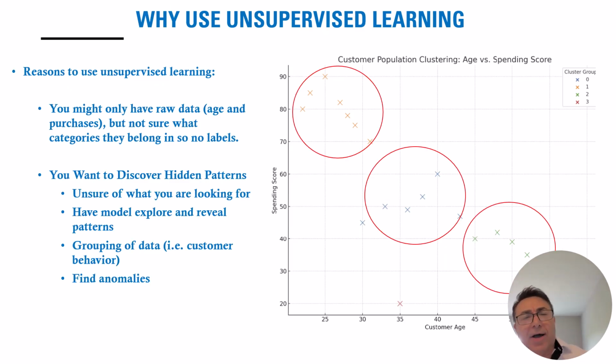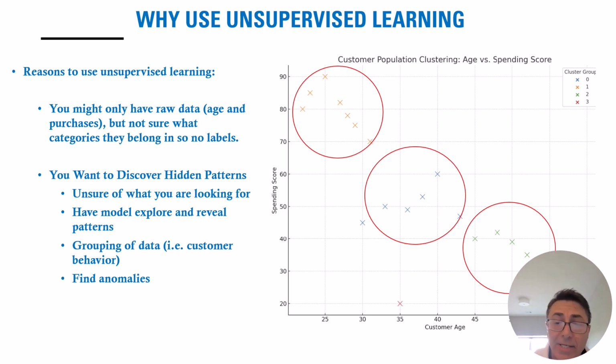So why use unsupervised learning? Well, there are reasons for it. You might have only the raw data, and you're not sure what to classify. What categories do we have? You want to discover hidden patterns, for example. Unsure what you're looking for. Let me feed this data and see what the computer does, and find maybe anomalies that don't make sense.